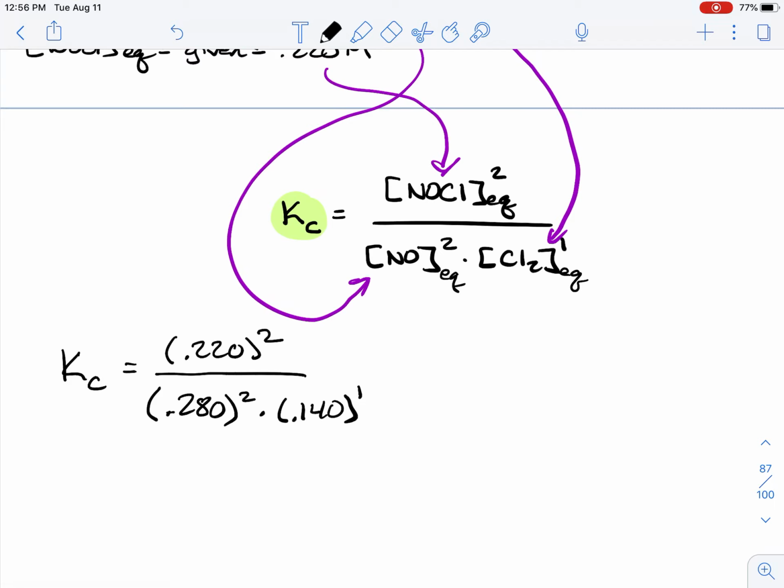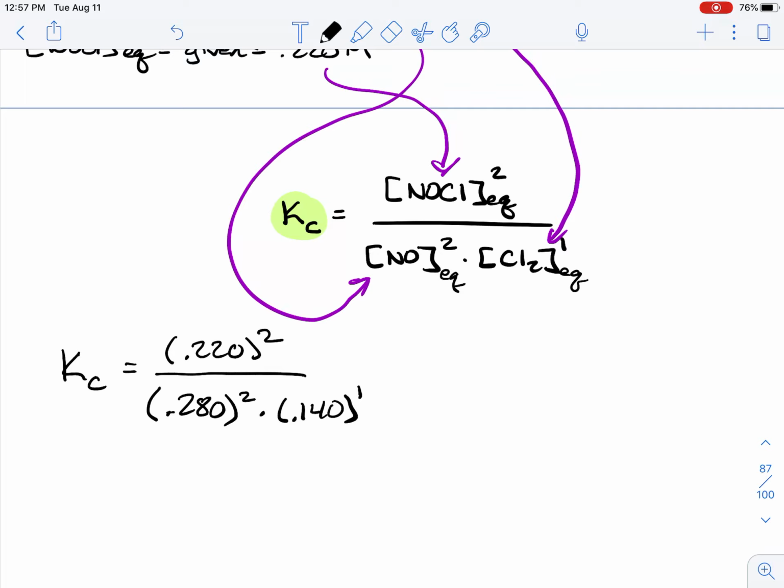Cool. So now that we have all of our numbers in the mass action expression, we can go ahead and solve for Kc by plugging everything in the calculator. So I have 0.220 squared, divide this by 0.280 squared times 0.140.